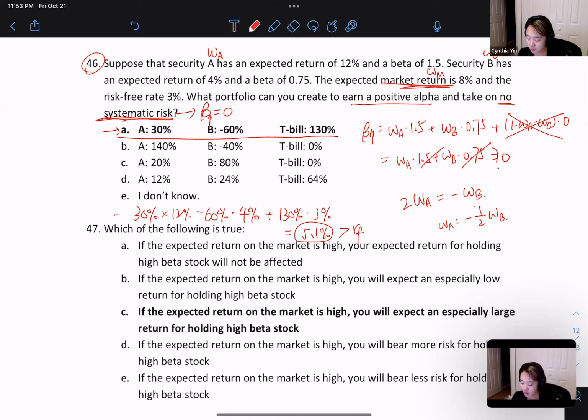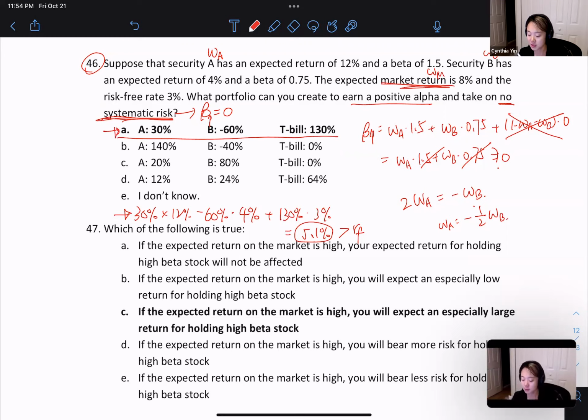Remember, this portfolio has a beta equal to 0. So if the beta equals 0, according to CAPM, you should earn a return exactly the same as the risk-free rate. If this return is greater than the risk-free rate, actually you're earning a positive alpha. So A is the answer.